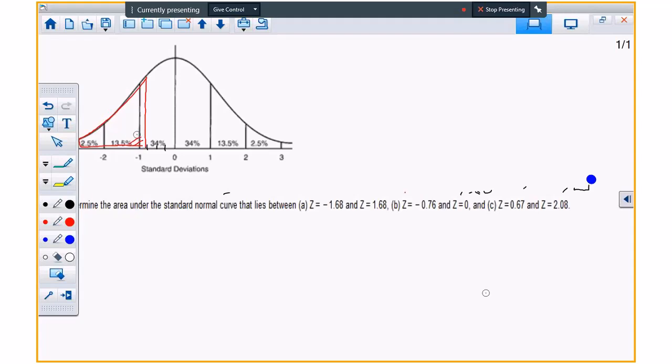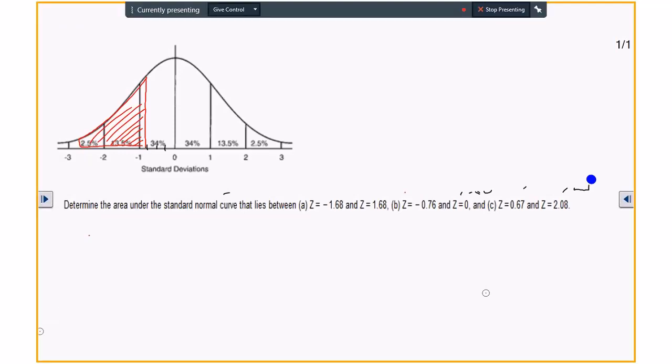All right, now somebody give me an idea without looking at the table of what that is. Well, that's 2.5 and 13.5, which is 16 or something like that. And then a quarter of 34.